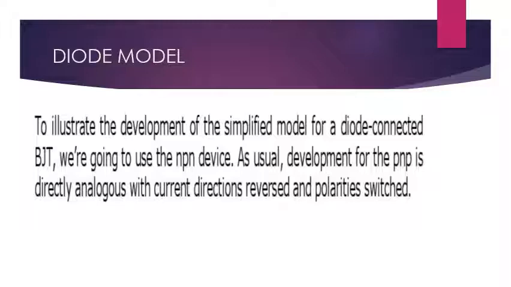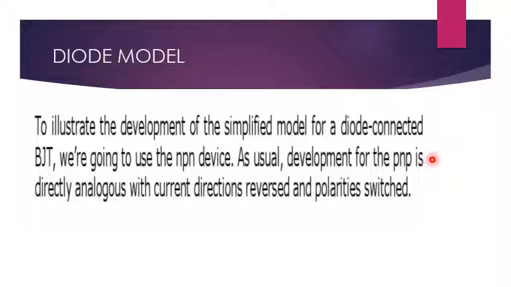Now, first let me explain the current mirror circuit using diode model. Why I am going for a diode model is, I told you that a transistor is nothing but two diodes connected back to back.